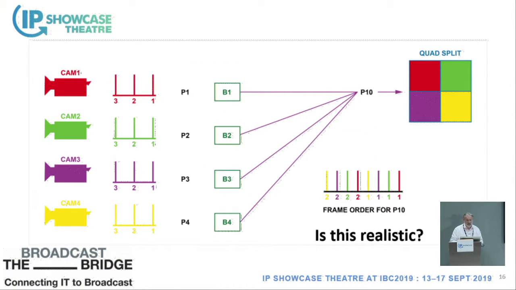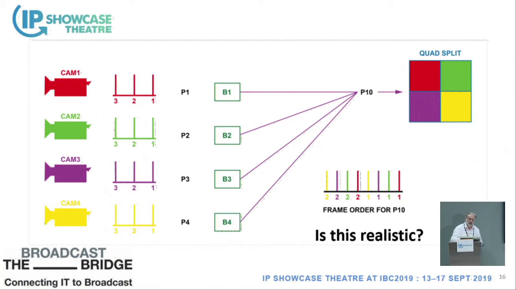This is another example of taking 4 cameras, putting them through our Ethernet links on ports 1, 2, 3, and 4, and then creating a quad split. You can see that we have red, green, purple, and yellow on a quad split. Ideally, what we want is each of those packets to be evenly gapped and to time division multiplex within each other.